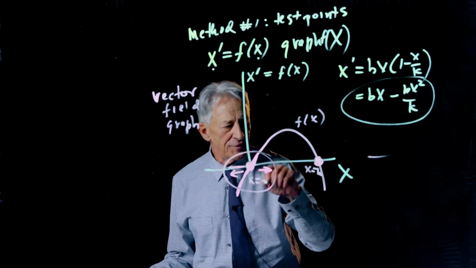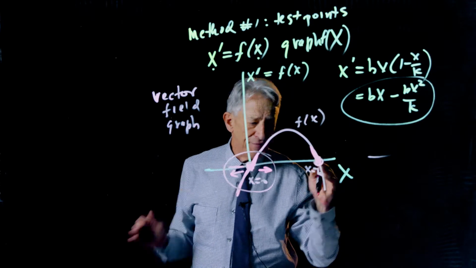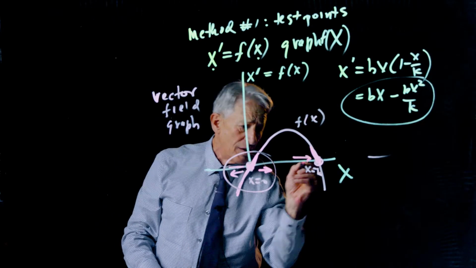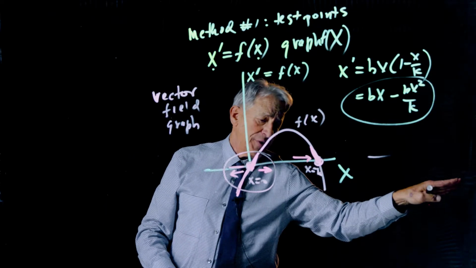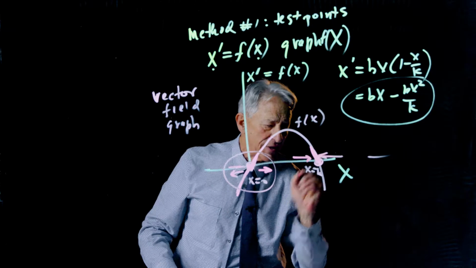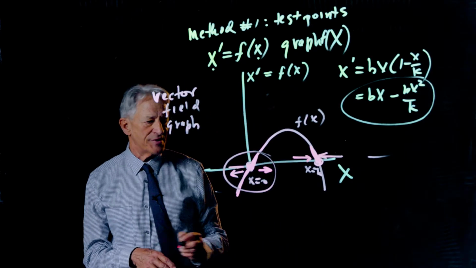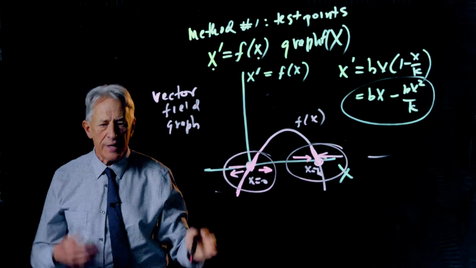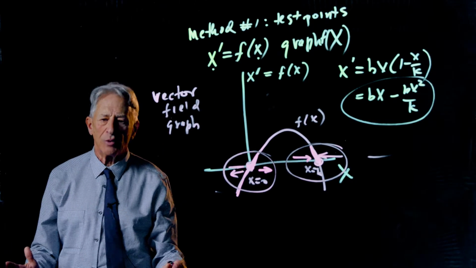To the left of the equilibrium point, f of x is above the line, so it's positive. And then to the right of the equilibrium point, f of x is below the line, which is negative territory, so f of x is negative. And we have now established that x equals k is a stable equilibrium point.